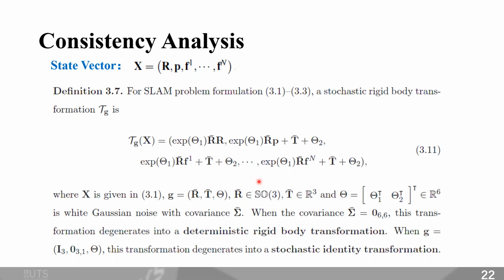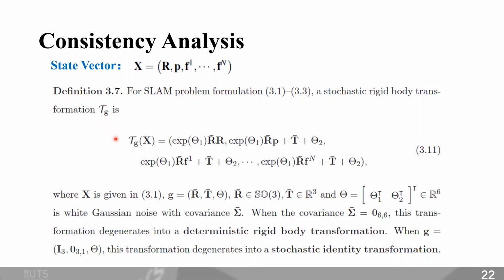Such a transformation can be divided into a deterministic rigid body transformation and a stochastic identity transformation.